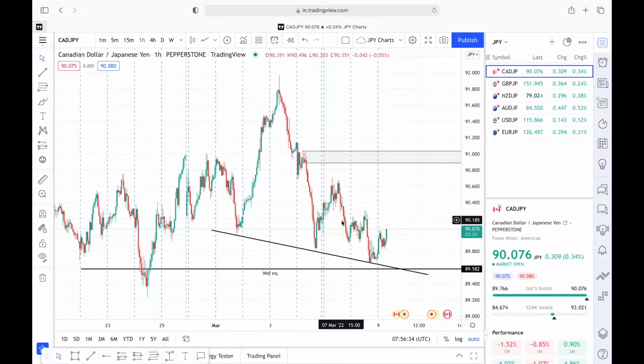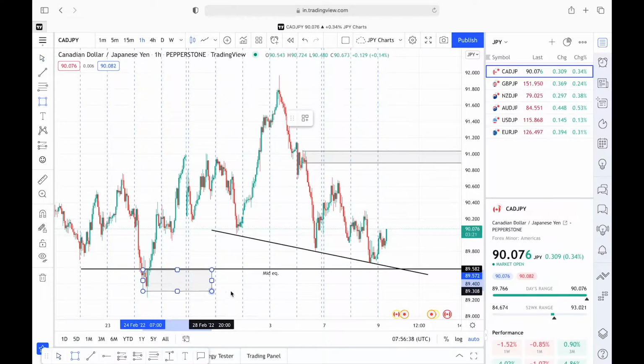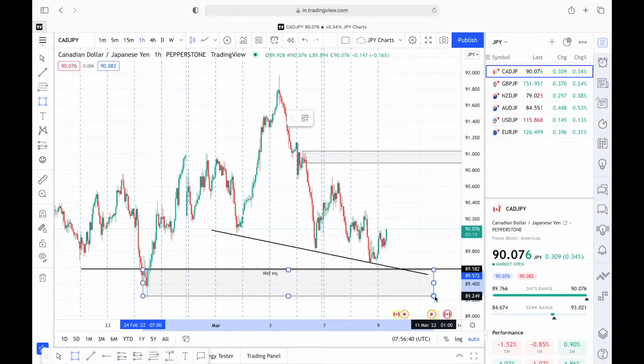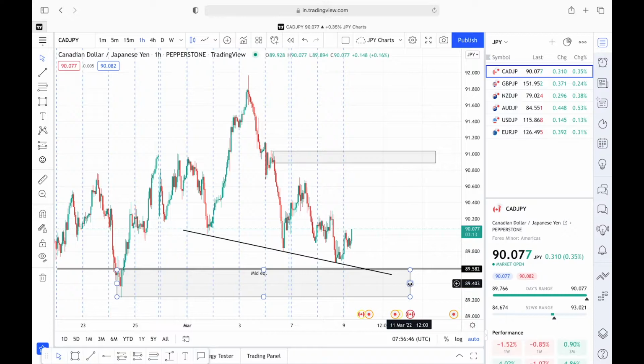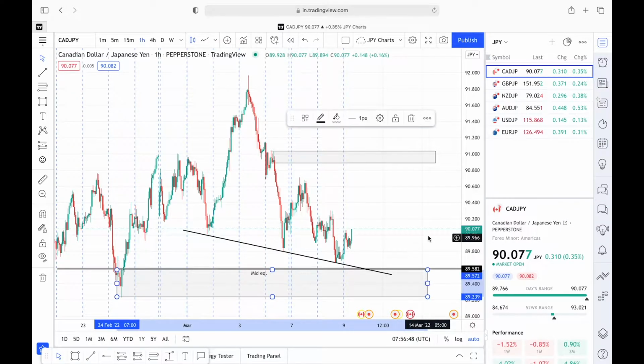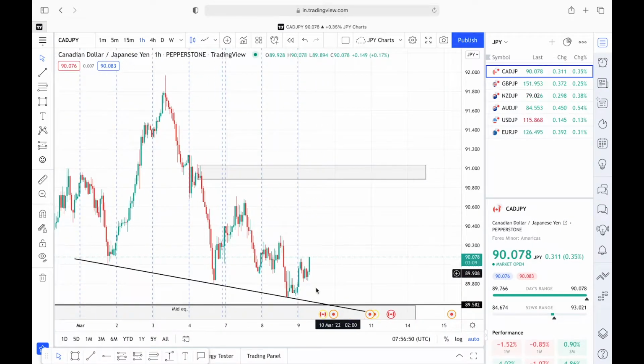That is more of a level of interest for me. I'm interested in this zone here.